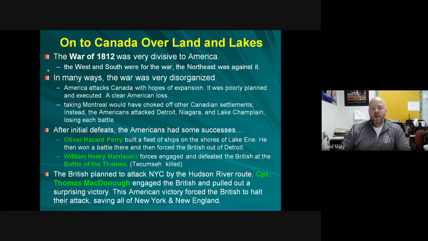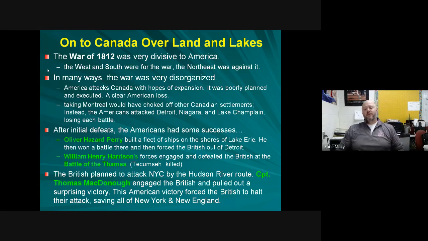So they side with the British because they see us as a bigger threat moving west. But after the Battle of the Thames, the British become the main threat because after Tecumseh's death, the Native Americans aren't as big of an influence or as big of a threat as they had been before his death.